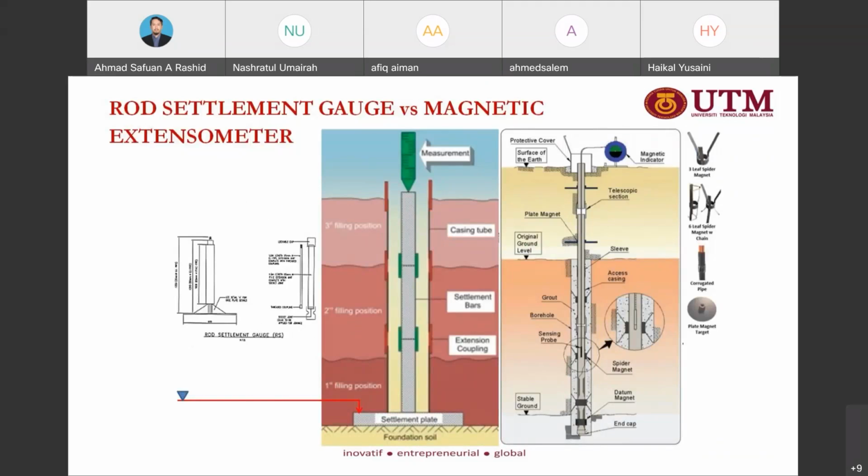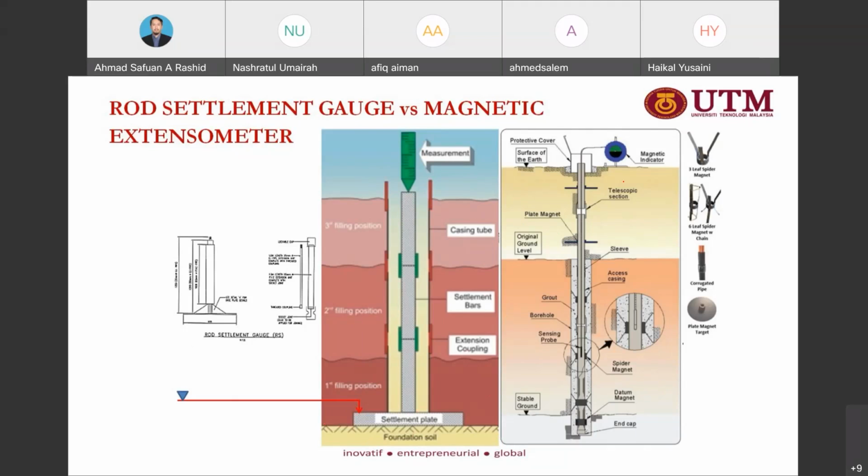There will be two differences between the rod settlement gauge and the magnetic extensometer. With the extensometer, we can determine the movement at a certain height of the soil. While for the other one, the settlement plate, we may install it on the ground level, inside the filling area or before the filling area.